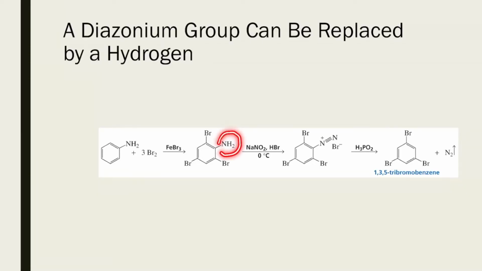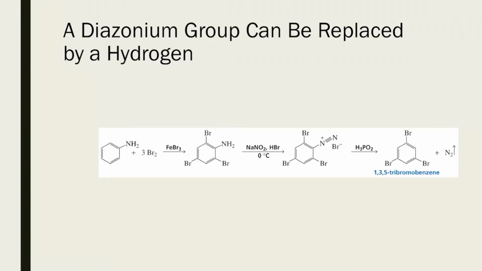Then when this undergoes diazonium salt formation, it puts the diazonium group right where the amino group was initially present. Then when it is reacted with hypophosphorus acid, it puts the hydrogen in there.